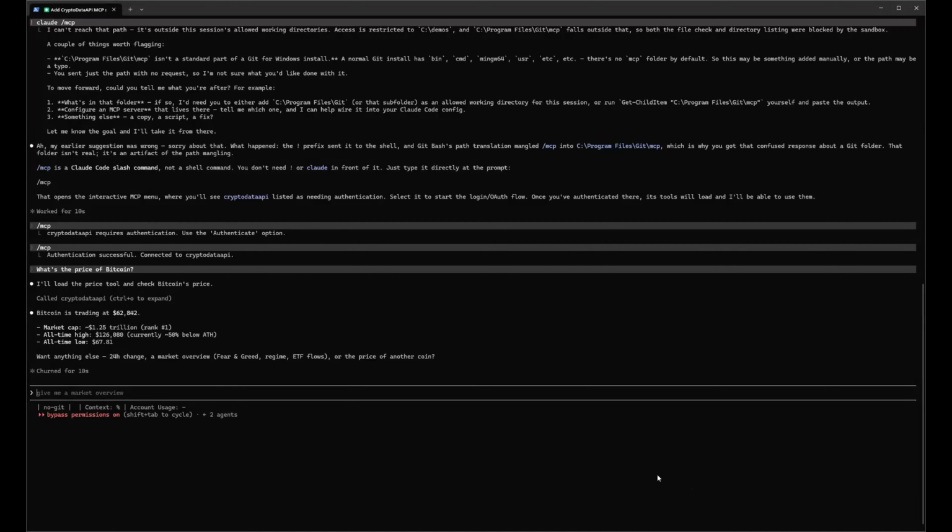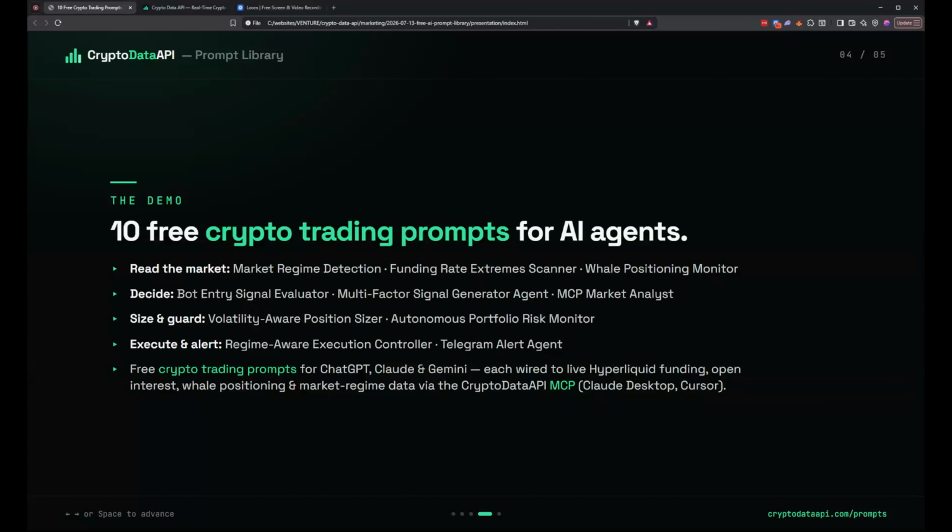Let's get started with the more advanced queries: the 10 free crypto trading prompts for AI agents. First, we'll read the market by detecting market regimes, funding rates, and whale positions. Then we'll decide what to do, so we'll pick up the bot entry signal evaluators.